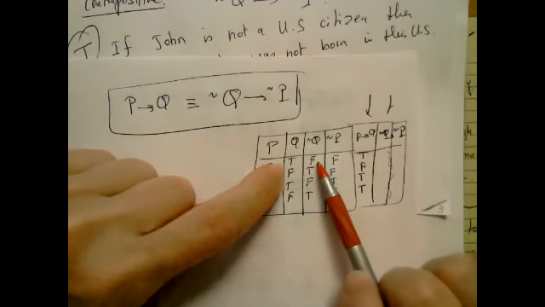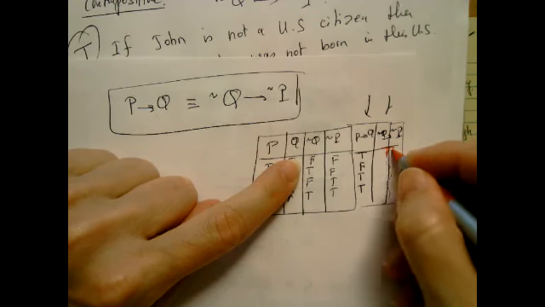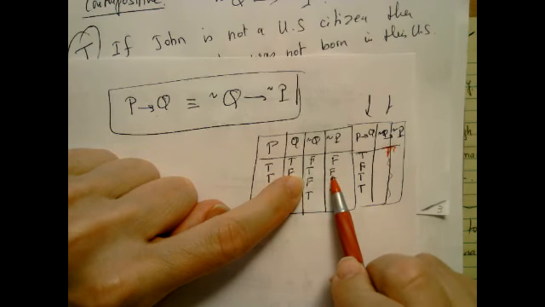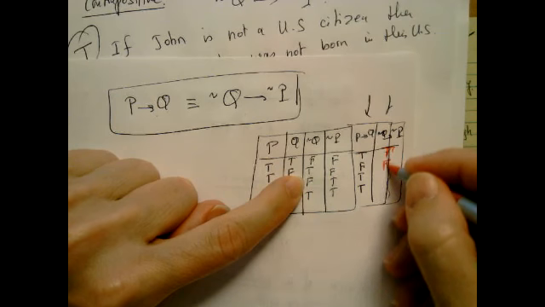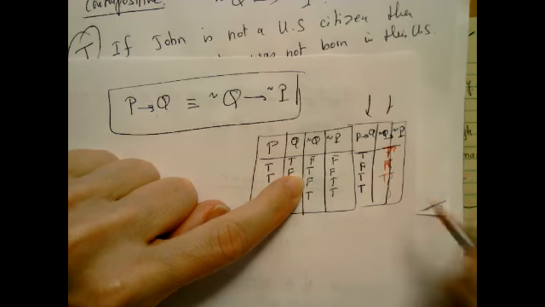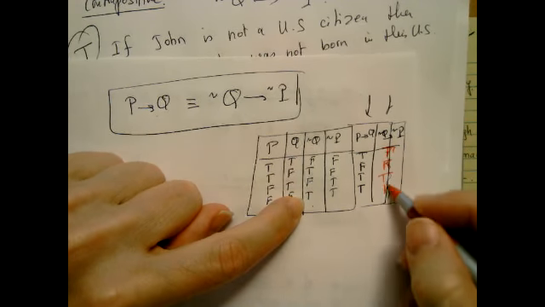Non-Q is false, it means I don't care about the rest, it's true. Non-Q is true, I have to worry about that. If non-Q is true, non-P is false. That's the only situation where an implication could be false. Non-Q is false, the rest has to be true. Non-Q is true, and non-P, that would be true.